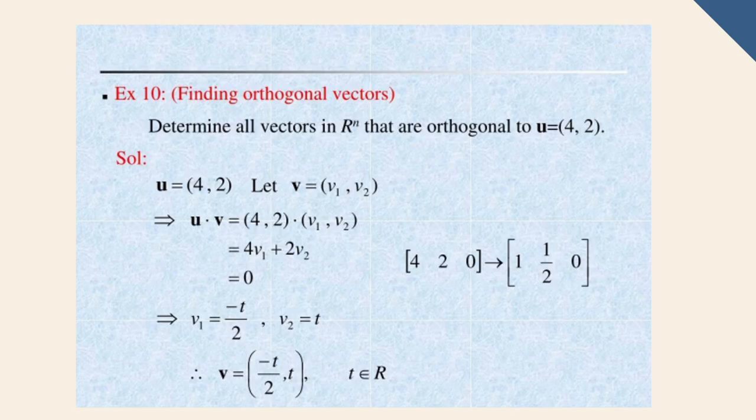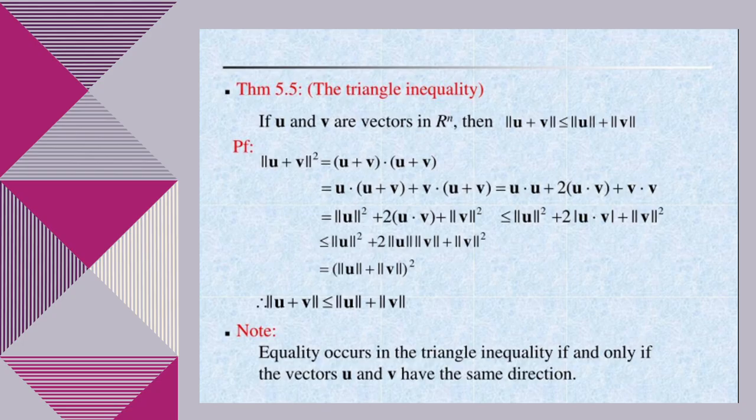Solving this equation, we let v2 equal any number t, and then v1 becomes negative t over 2. So the answer is any vector of the form (negative t over 2, t), where t can be any real number, and it will be orthogonal to u. This makes sense because there are actually many vectors, a whole line of them, that are perpendicular to u.